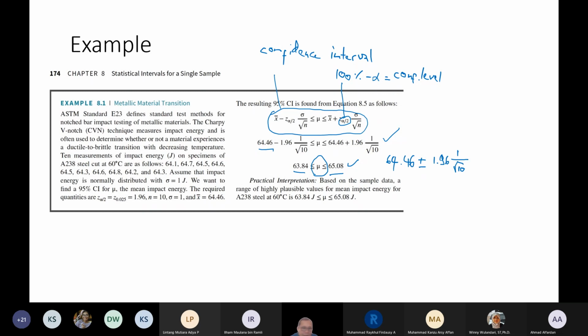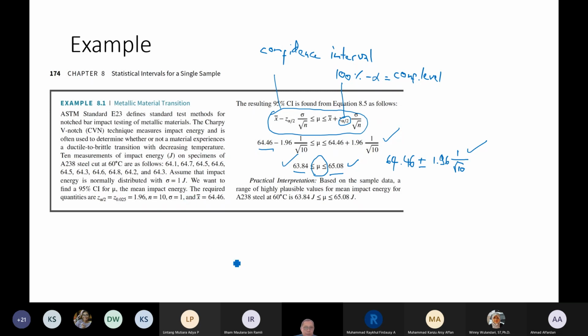Same thing. You can express it as lower bound and upper bound like this, or like this. Any questions here? So this is what we do if we assume that sigma is known.